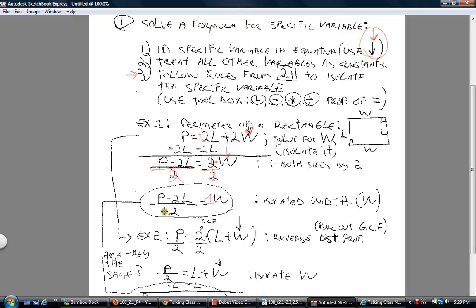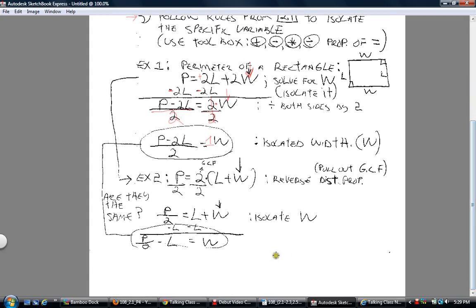Now, some of you might look at this real quick and say, can I divide the 2 out of 2L? The answer is yes. However, be a little careful when you get equivalent answers here. Let me come down here and draw a line. I want to show you that every term in the numerator needs to be divided by 2. So this is equivalent: P divided by 2 minus 2L divided by 2.